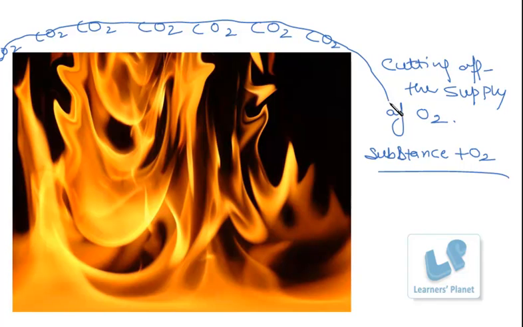Now, after using the fire extinguisher, a blanket of carbon dioxide is formed, which has cut the supply of oxygen, and so there will be no combustion reaction. No combustion reaction, no fire, and the fire will be extinguished.